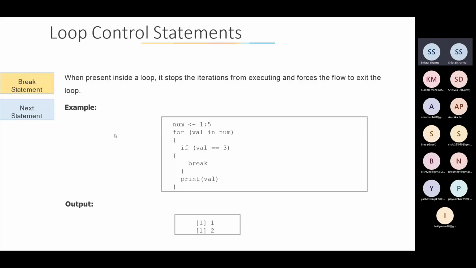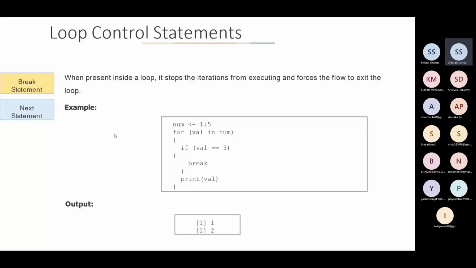In this statement also, if you do not put a break there, it will repeat again and again, 1 2 1 2 1 2 like that. When you put a break there, it means the program must stop at that moment.